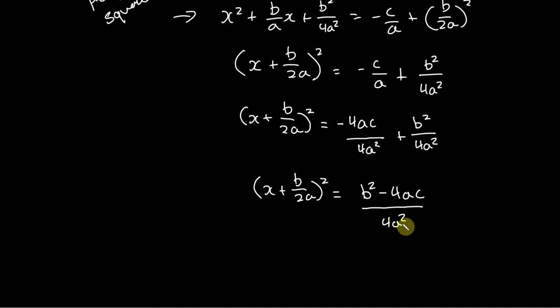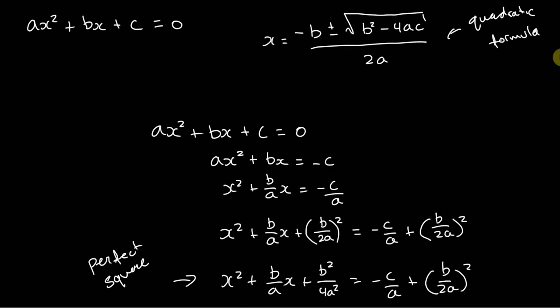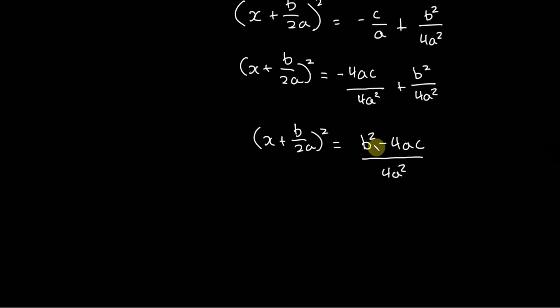So now the next thing that we can do, and one might already start to notice what's taking shape here. I mean, if we scroll back up and we take a look at the quadratic formula, you can see it, the discriminant of b squared minus 4ac, all of that over 2a. Well, you can see here we've got our b squared minus 4ac term at the top, right where we want it. And so now what we can do is basically take the square root of both sides, right?